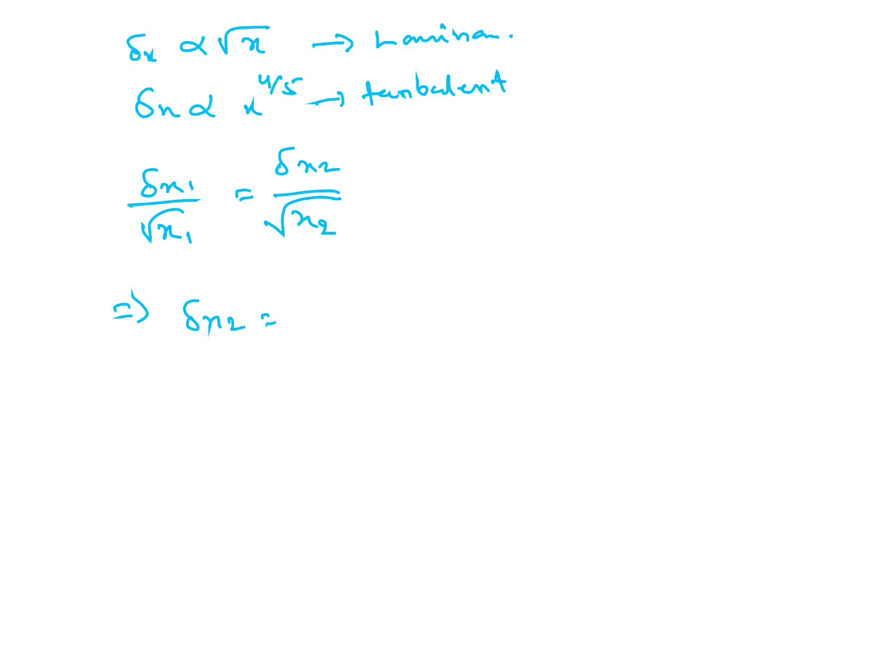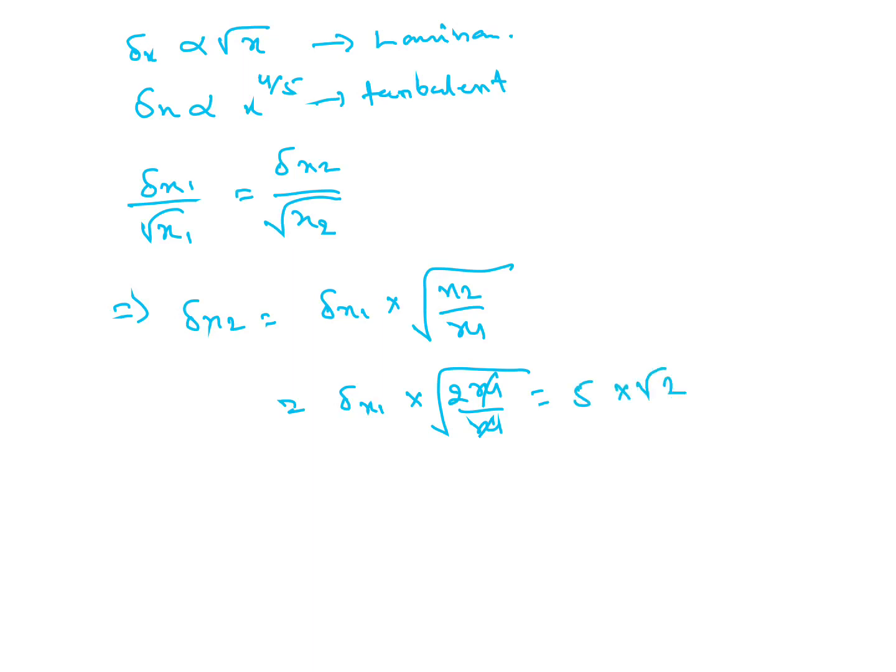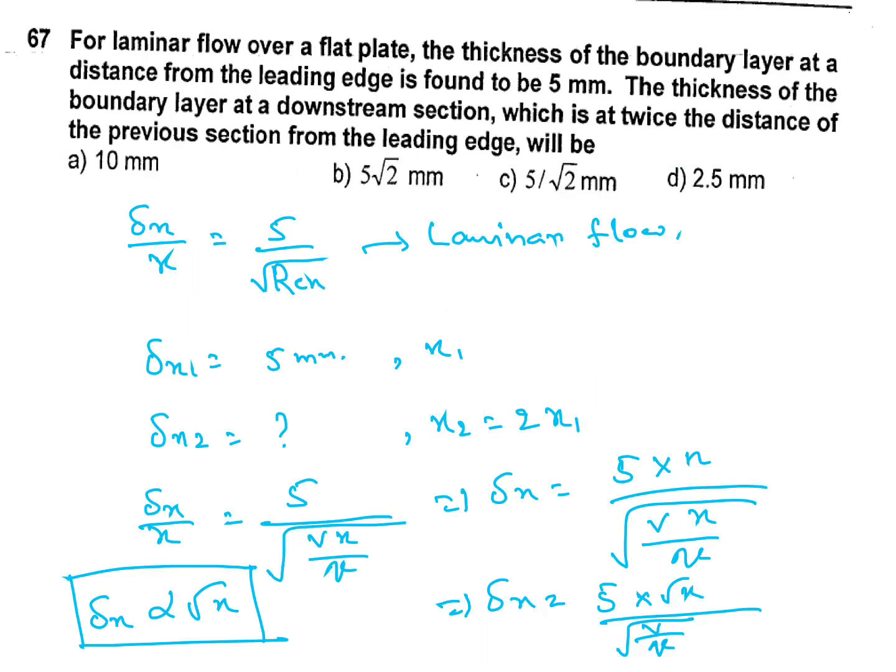Delta x1 into root of x2 by x1. x2 is 2 times x1, so root of 2x1 by x1. Delta x1 already given, 5 into root 2. So in the second condition, boundary layer thickness delta x2 is 5 root 2, unit is mm. So from the options, 5 root 2 mm, B is our answer.